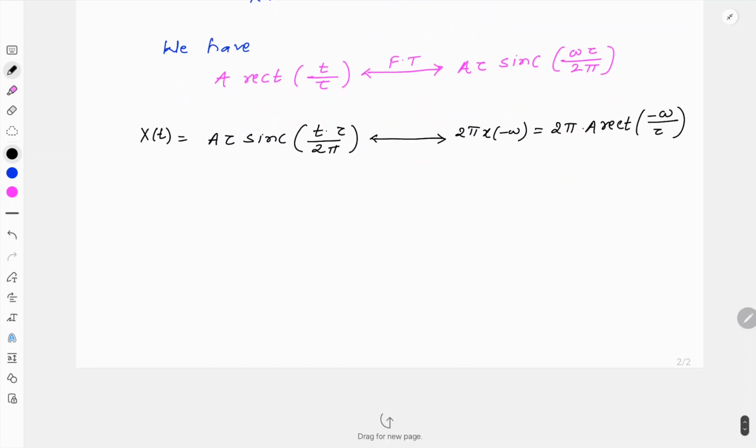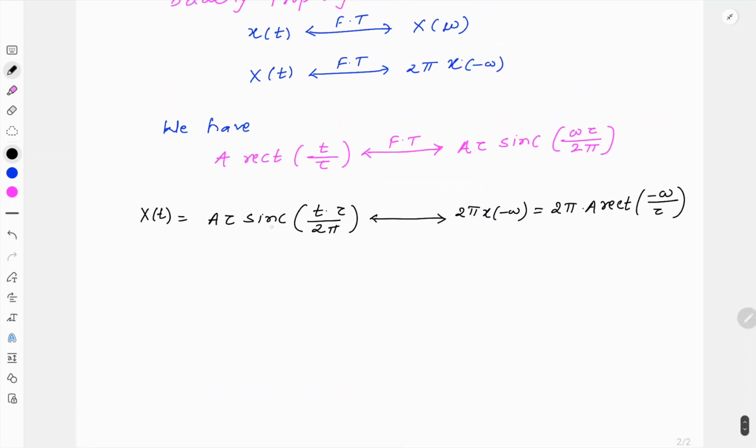So here we have to do a certain arrangement. We need sinc of t only. To get simply sinc of t, we must replace a certain value of tau. So here put tau equal to 2 pi, so that the 2 pi will get cancelled out and this sinc function will have only t. Similarly, on the right hand side, this a gets cancelled out with this a.